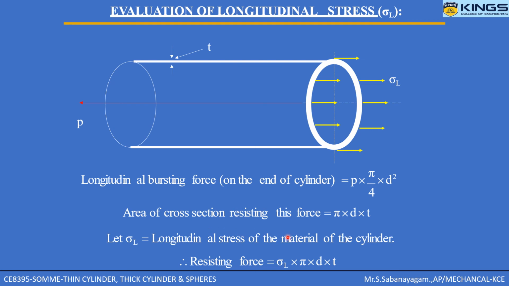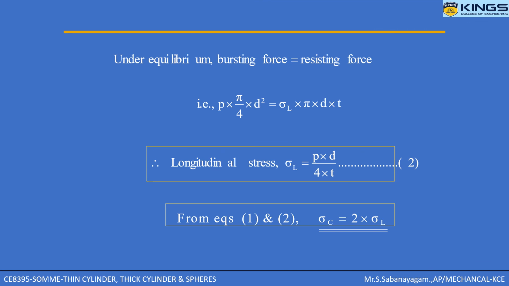So the area of cross section will be pi into d into t. Since the area comes from this circumference, as it is a hollow cylindrical cross section, the area will be pi into d into t. So this will be the circumference, right? So the resisting force will become sigma L, since it is a longitudinal stress acting along the length of the cylinder, so sigma L into pi into d into t.